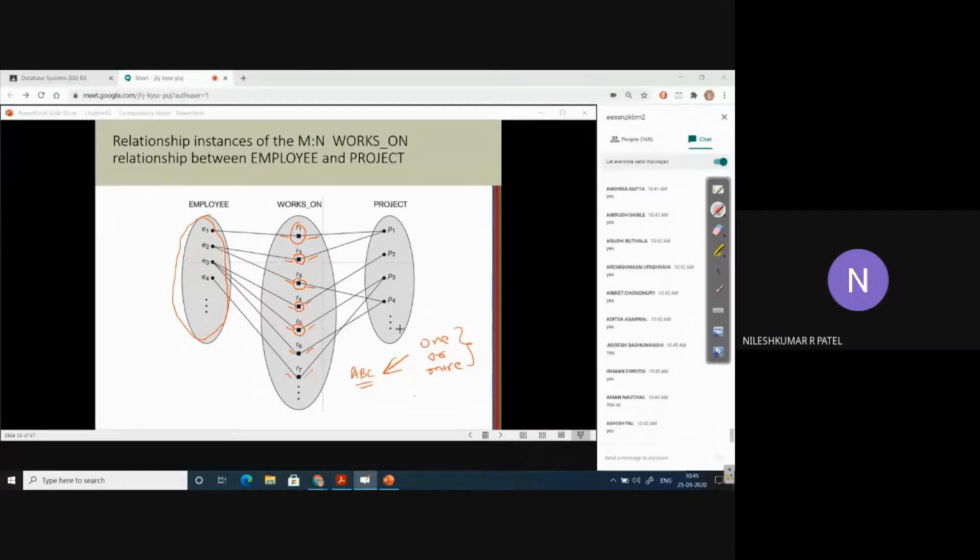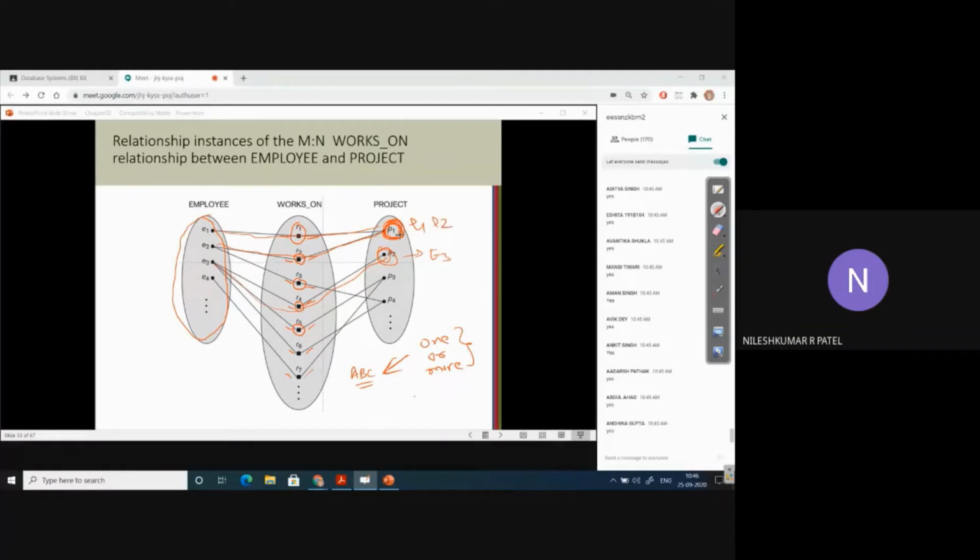For example, on project P1, employee 1 is working and employee 2 is also working. P2 has only one employee, and that employee is E3. Here P1 has E1 and E2 both.